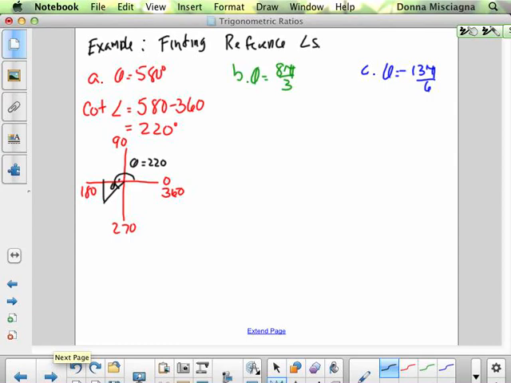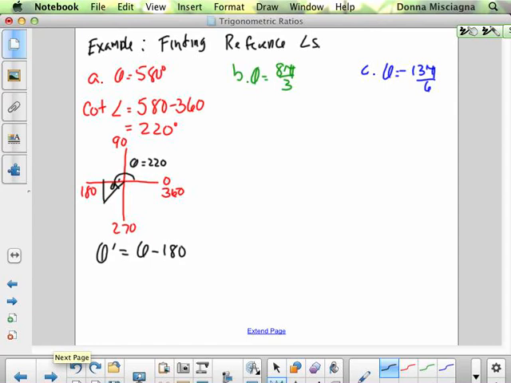We need to find our reference angle. So our reference angle is going to be equal to our principal angle minus 180 degrees, right? Because we've gone through the formulas already. Together, the reference angle and 180 degrees equal our principal angle.